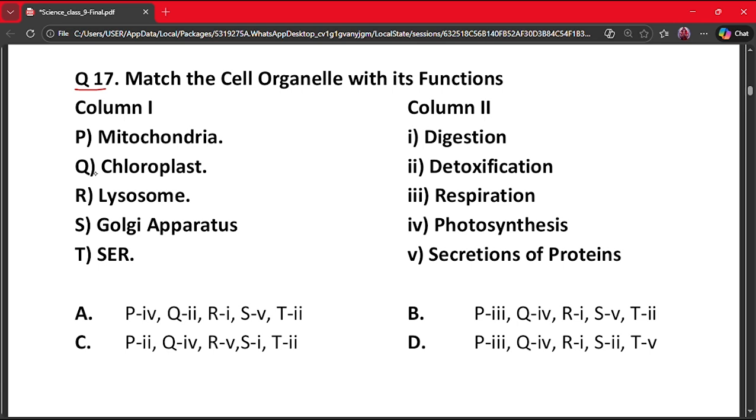So here mitochondria is to respiration, so this is P, and chloroplast is to photosynthesis, so this is Q, and lysosomes is to digestion, so this is R, and Golgi is equal to secretion of proteins, so this is S, and SER is to detoxification, so this is T. So here the correct answer is option B, because P3, Q4, R1, S5 and T second.